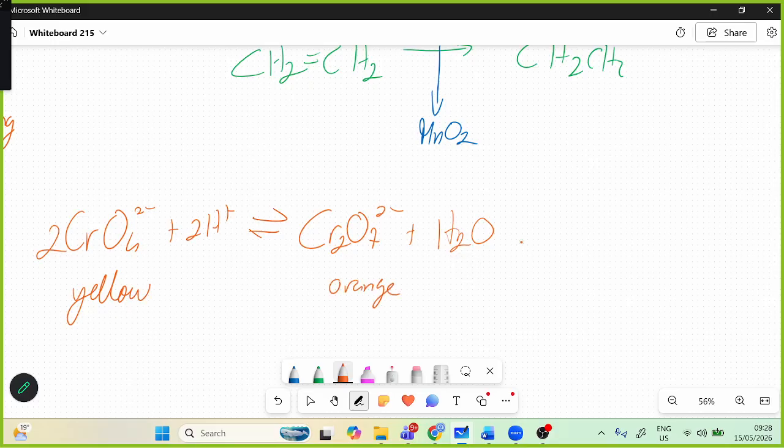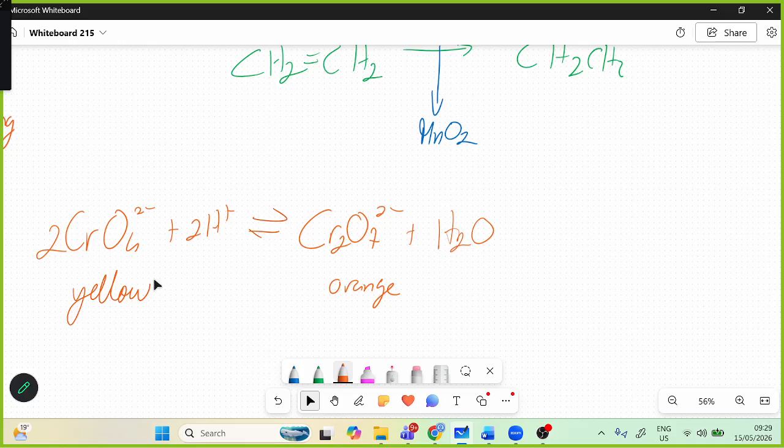Same oxidation number, so same oxidation state. But the reality is that one is a dimerization of the other, so they exist in different forms.